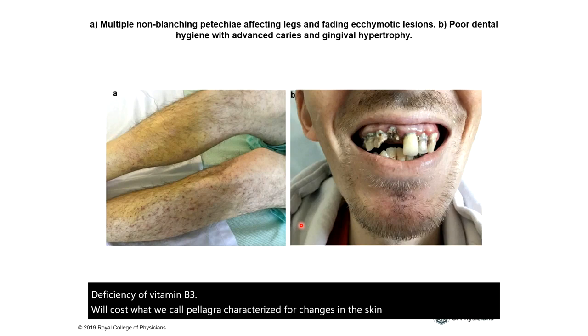Pirates spent a lot of time in their boats with no vitamin C, and they started having petechiae in the skin and also gingival problems and problems in the mouth, such as gingival hypertrophy with very poor dental hygiene and caries. In this case, as we're showing here, it's also due to deficiency of vitamin C.